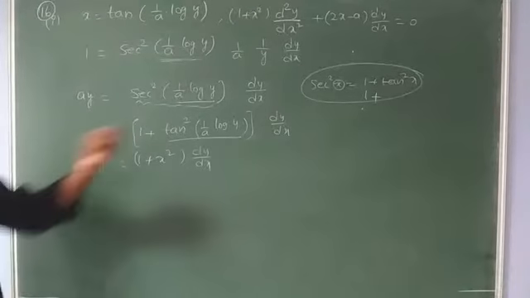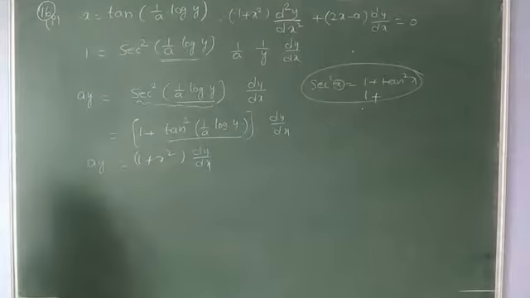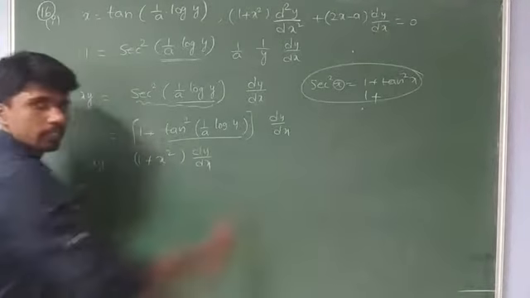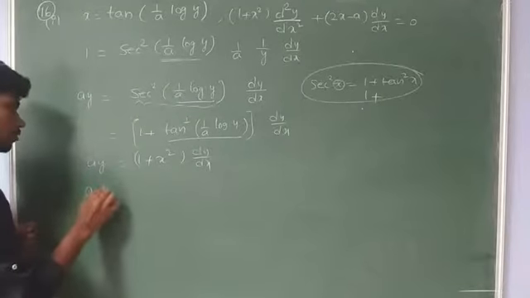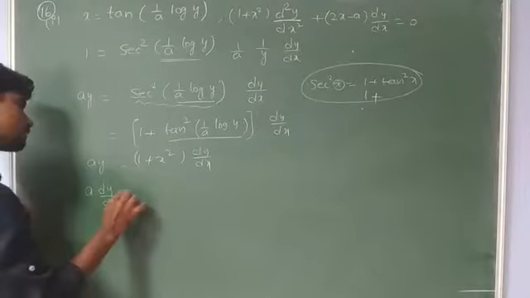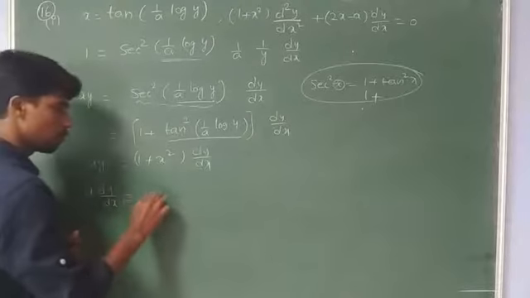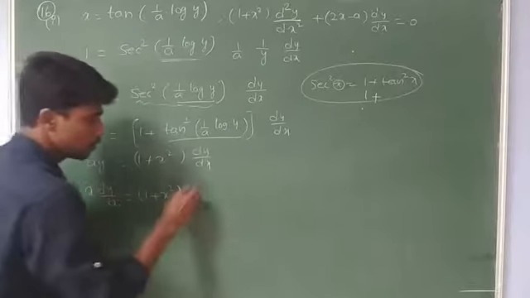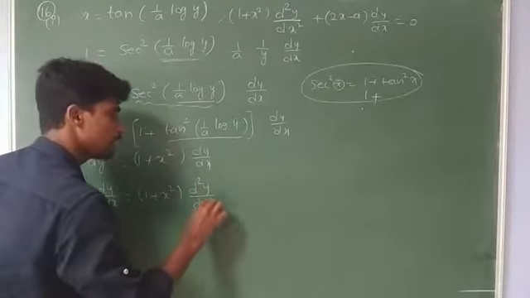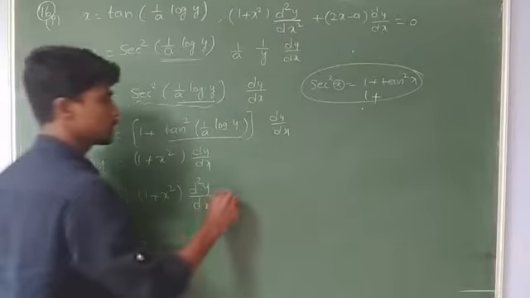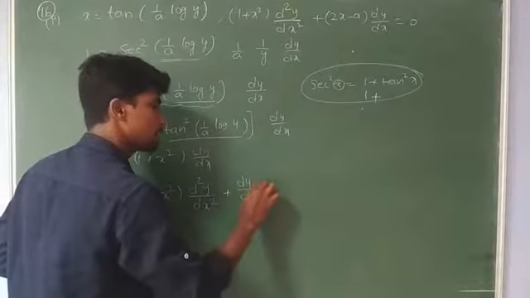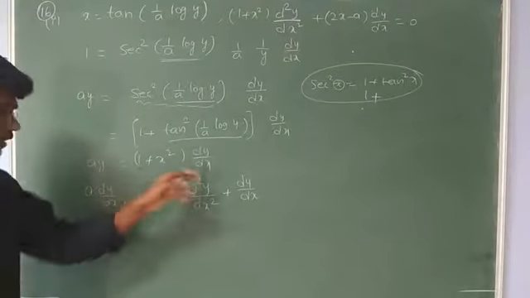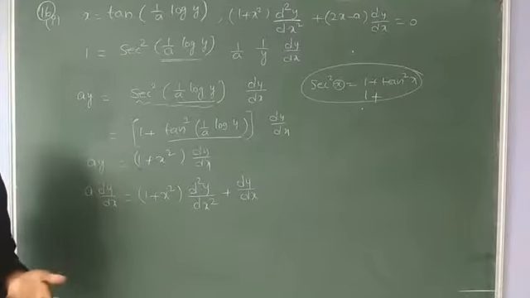But I want d2y by dx square. That's what I am going to do here. Differentiate again with respect to x. Now a into dy by dx is equal to 1 plus x square into dy by dx derivative: 1 plus x square into d2y by dx square plus dy by dx into derivative of 1 plus x square. This one is in the form of uv, so I have to differentiate with the help of the uv form.